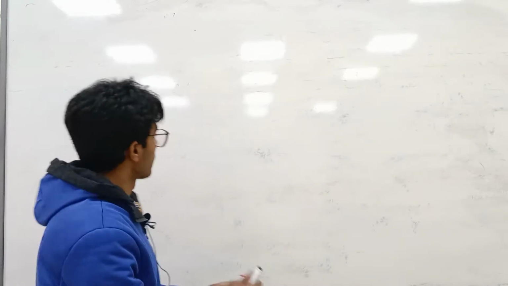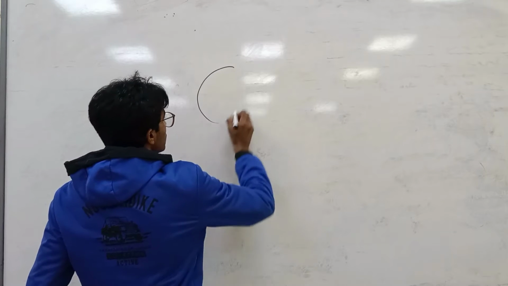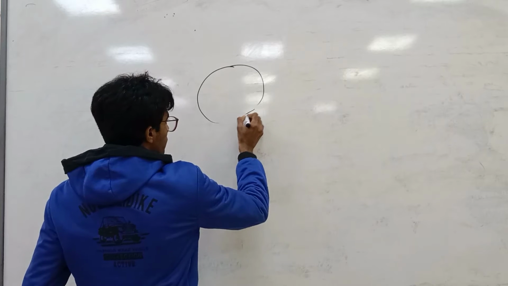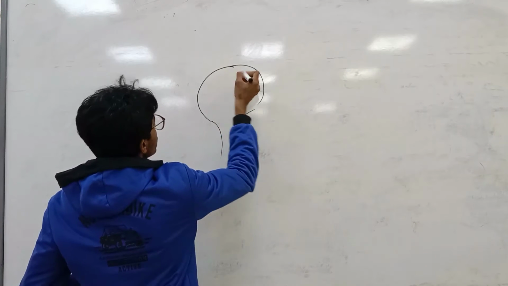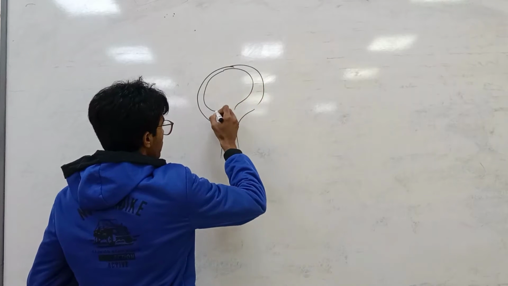Guys, I want to explain here. Suppose we have a brain. Here is the brain structure. This is totally the cerebrum area, guys.